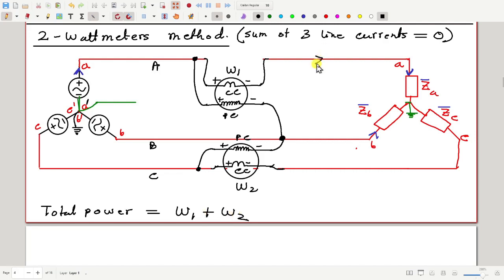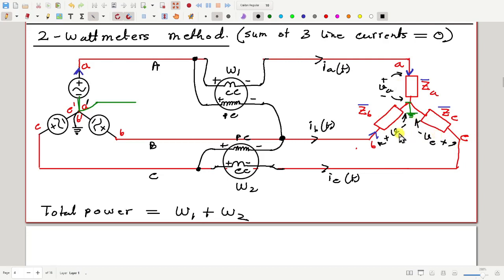Suppose I call these currents IA, IB and IC. They are all functions of time. And suppose this voltage is VA, plus minus from here to here, then VB plus minus, and VC plus minus, like this.